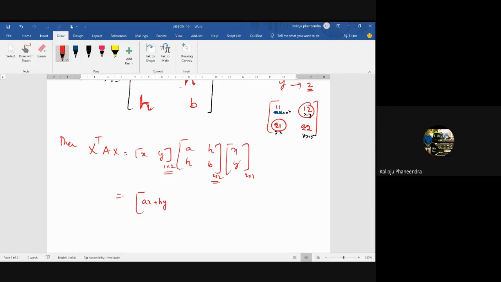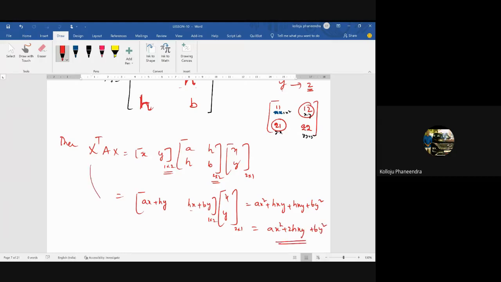The 1 2 position is hx plus by. This is multiplied by the column (x, y). This is 1 by 2 and this is 2 by 1, so 1 by 1 you will get. What is this? ax square plus hxy, plus hxy plus by square. So finally I'm getting ax square plus 2hxy plus by square, the quadratic form.